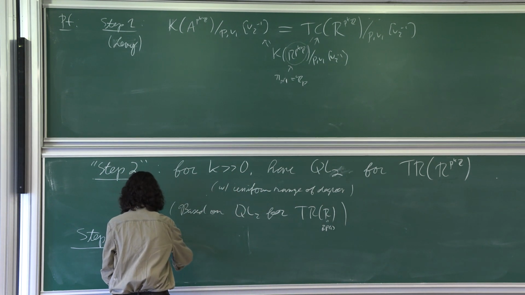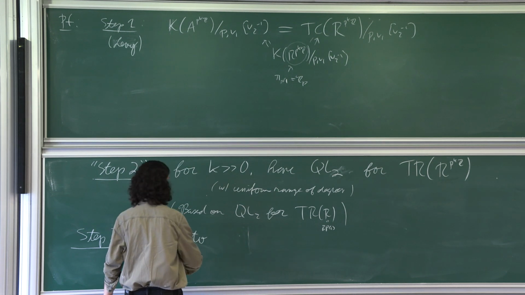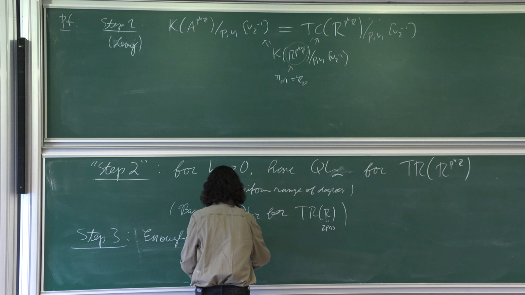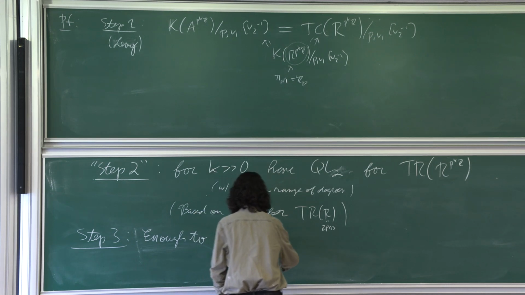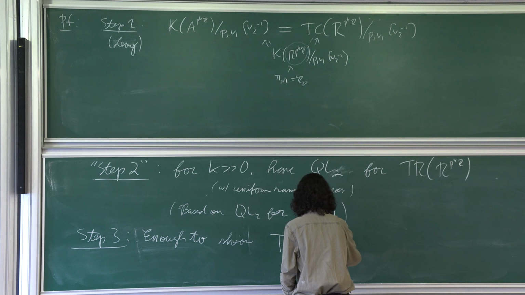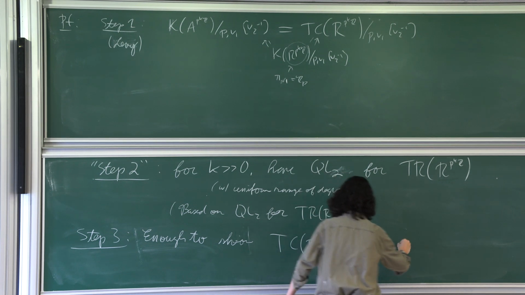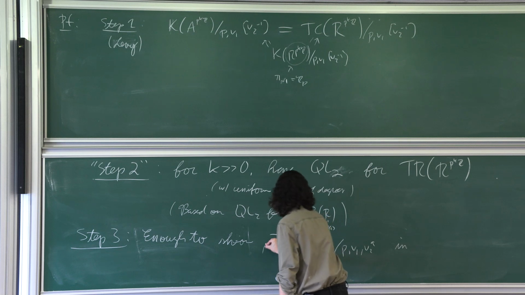So by Quillen-Lichtenbaum property, it's enough to show that TC of this R p to the kz mod p v1 and then v2 to the a is infinite in some degree.